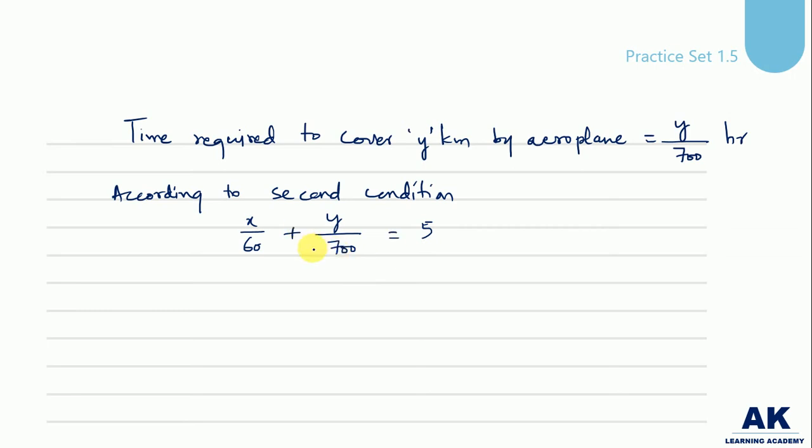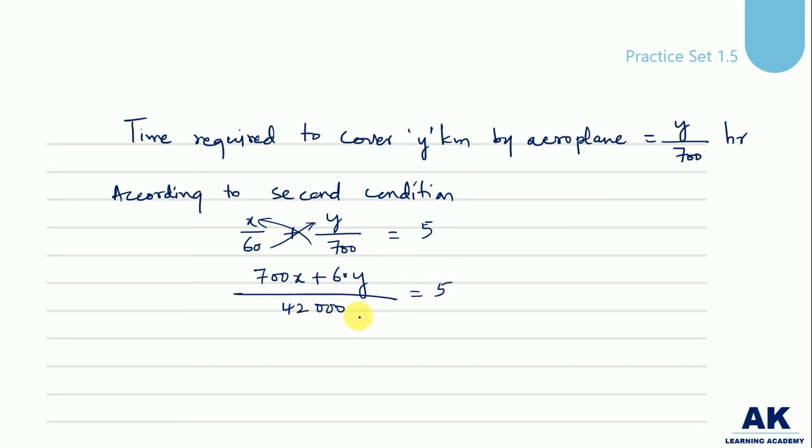So if I cross multiply this equation, we get x into 700, which is 700x, plus 60y, divided by 60 into 700, 6 sevens are 42, and 3 zeros, right, which is equal to 5.